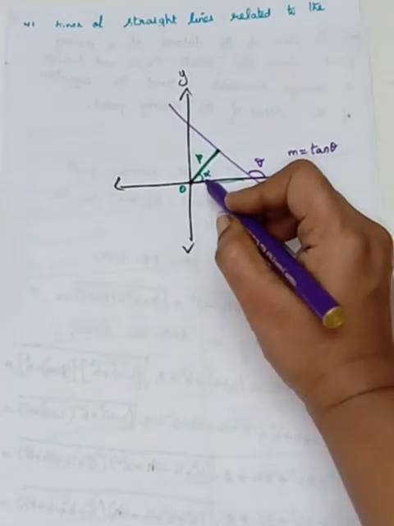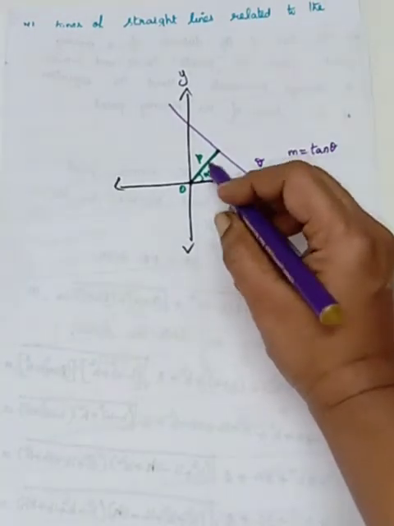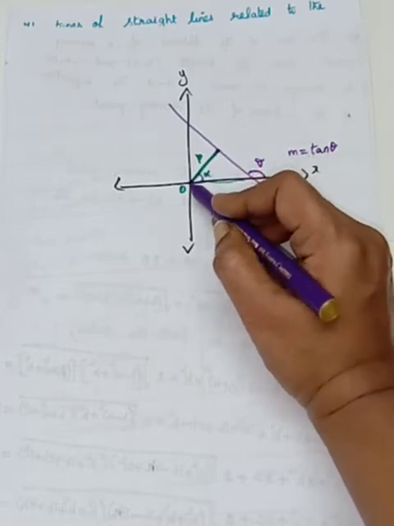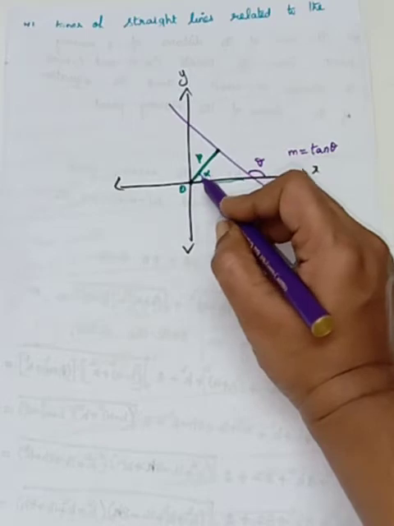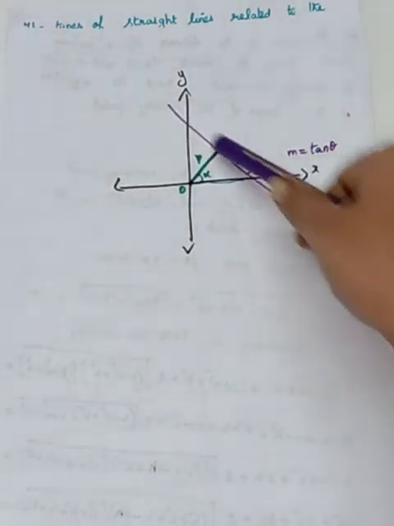But this alpha is different. This alpha is the angle made by the perpendicular line with the x-axis. You can find tan alpha, but it is not the slope of the line.